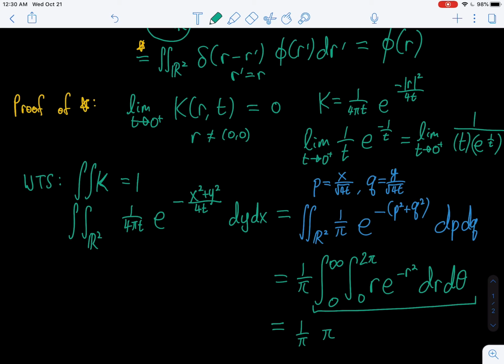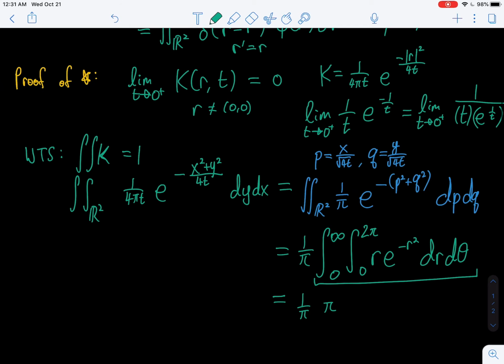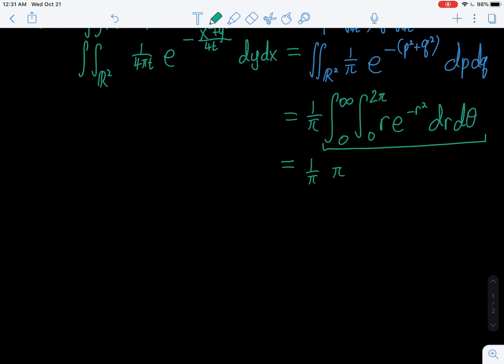Should I do it for you? Well, let's see. We'll have to do one more change of variables if we want to make this perfectly clear. If we let u equal negative r squared, then du will be negative 2r dr, right? So this is equal to 1 over pi. Our theta stays the same.